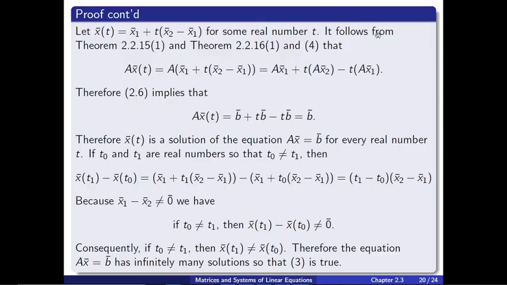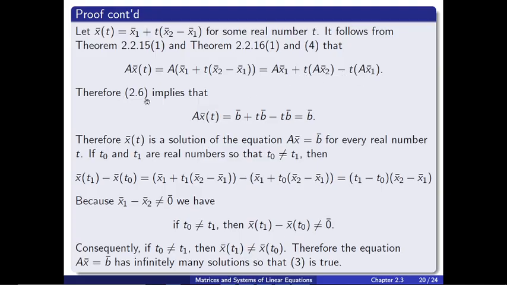So it follows from theorem 2.2.15 and theorem 2.2.16, parts 1 and 4, that if we take A x of t and substitute x of t with that, we have A times that, and then we can distribute the A and take out the t, and we are left with a system like that.